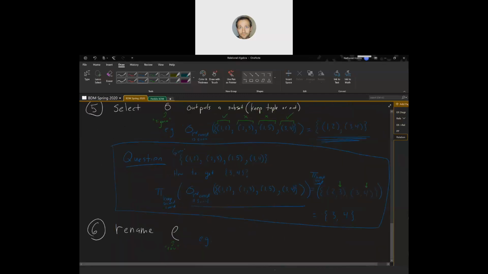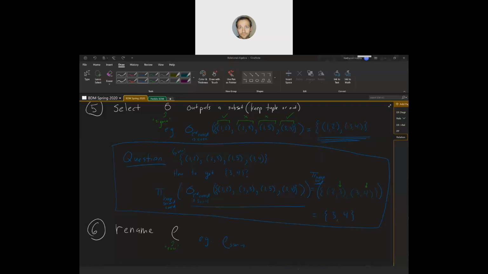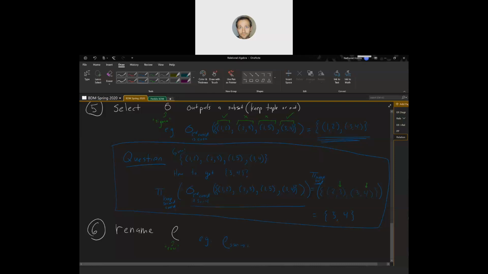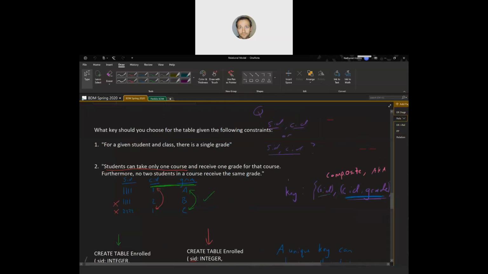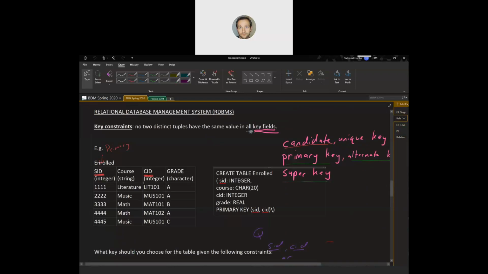For example, before we had a relation with social security numbers, but maybe you wanted to rename those to be my social security numbers. This takes in a relation, and it will output a relation. So this is the relation as in the relational model. That is sort of renaming a column.